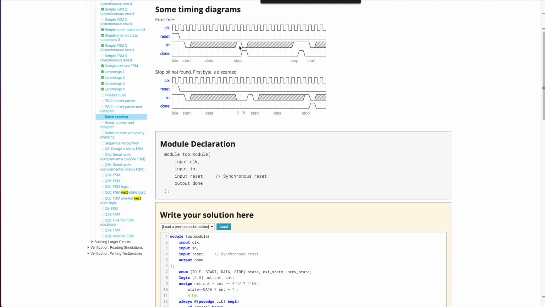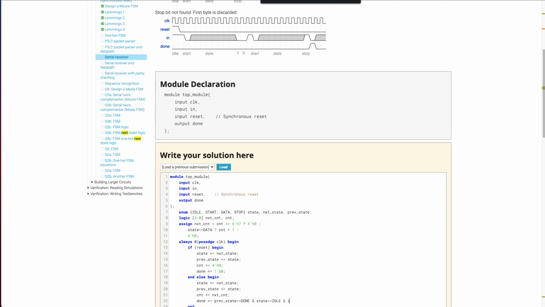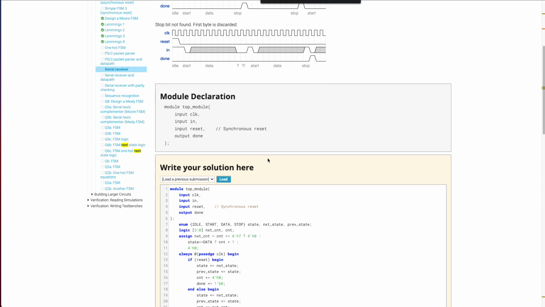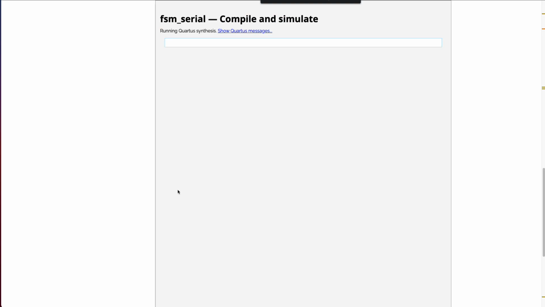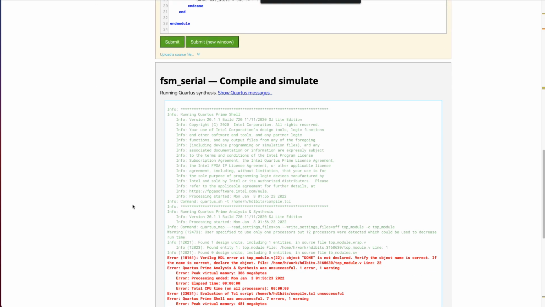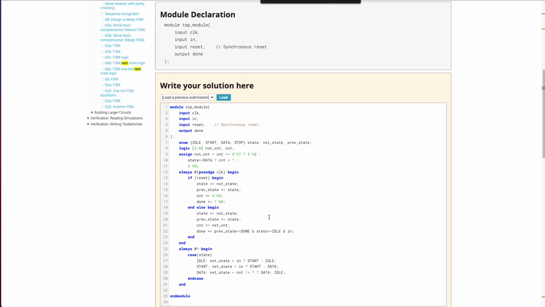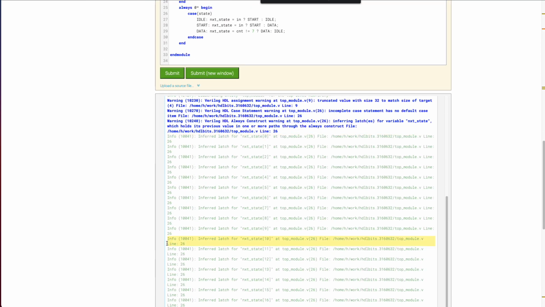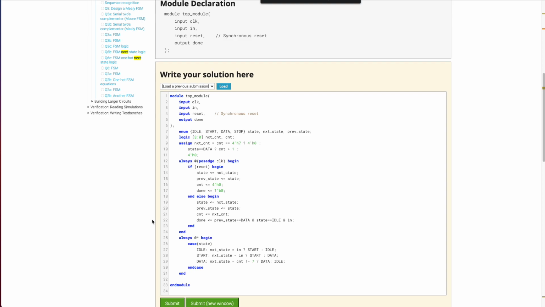Previous state, so here I go to idle because count was 7. So previous state was data, I am idle. And inferred latch on next state.